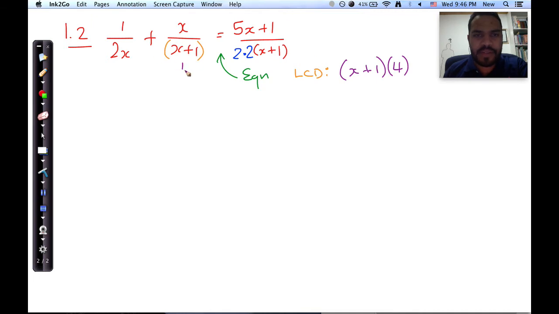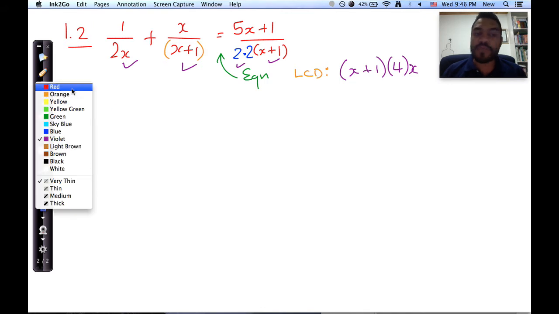So I've got x plus 1, I've got 2 and 2, that's fine, right, and I need to still include this x. I'm going to include the x over there. So that's my LCD, right? If you've included the 2 and 2 and 2 again, then you've actually gone higher than the least common multiple, which is definitely not going to be the least common denominator, but when you multiply it out, you should still get the same answer.